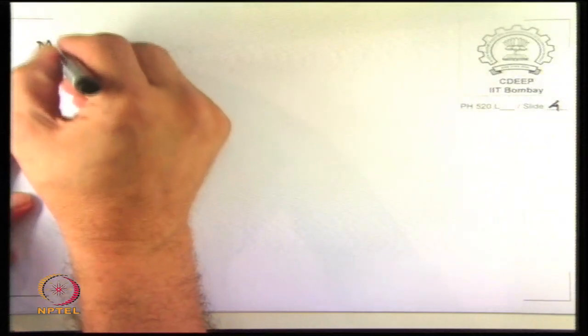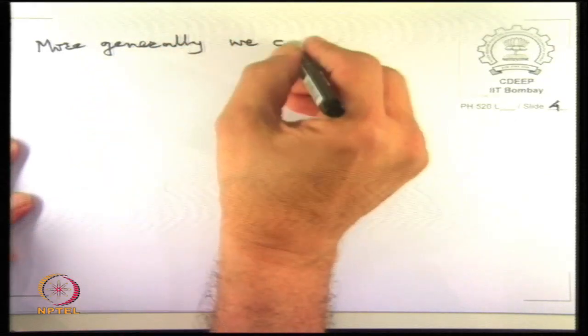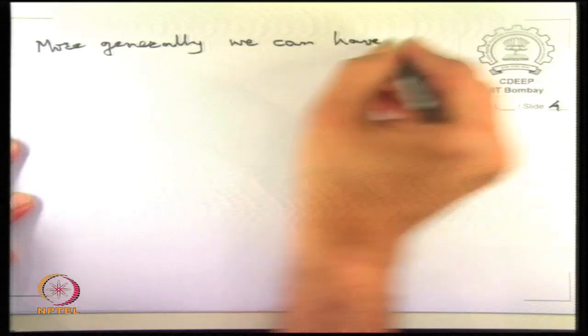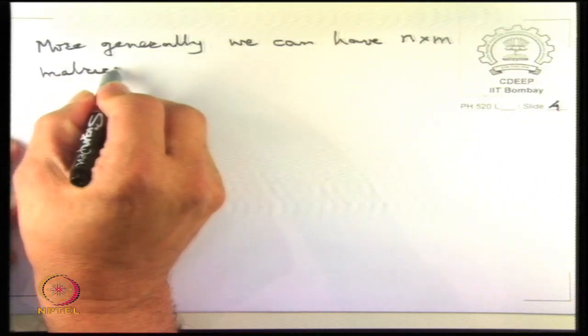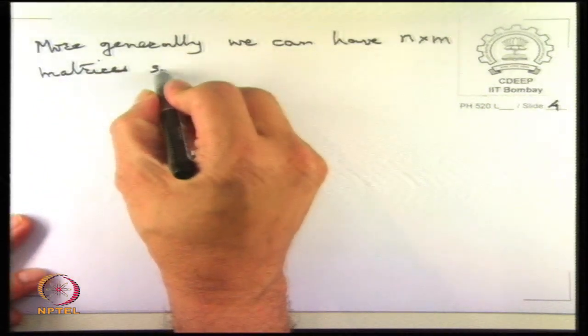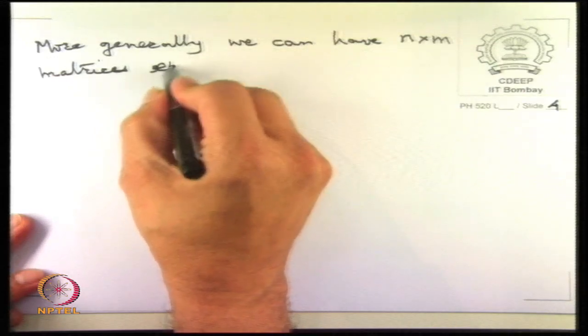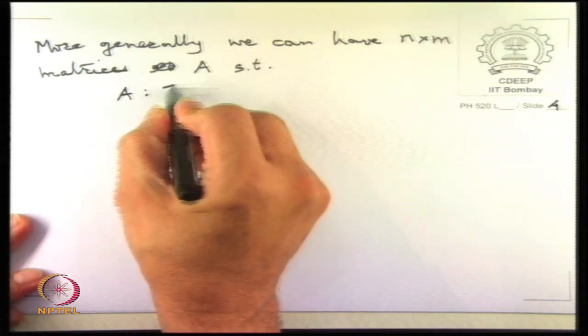Now we want to move towards, okay, the other notation we use is that in general you can also have n by m matrices, such that a matrix, which we denote A, maps V into V prime.